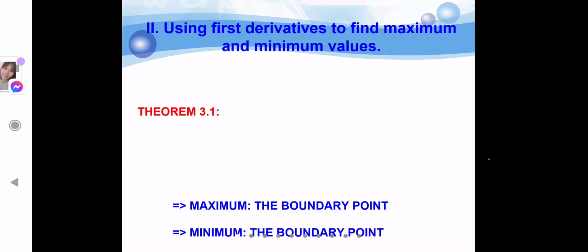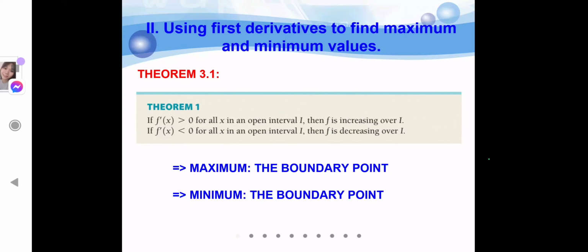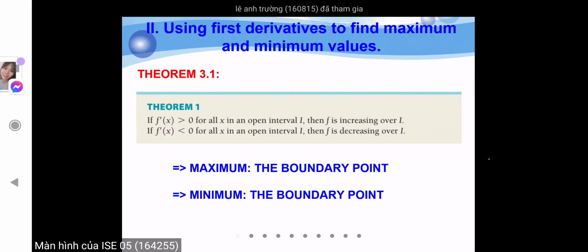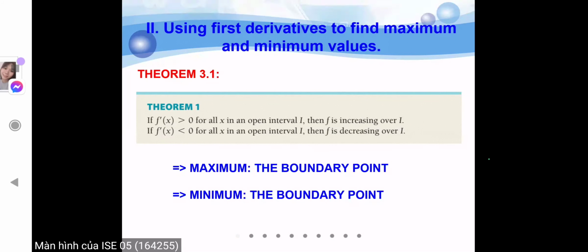Okay. Now we have this theorem. You write Theorem 1. If f prime x is positive for all x in an open interval, then f is increasing.